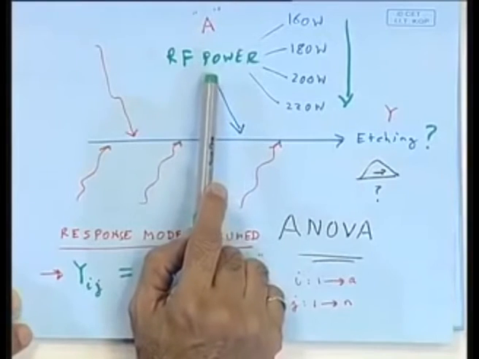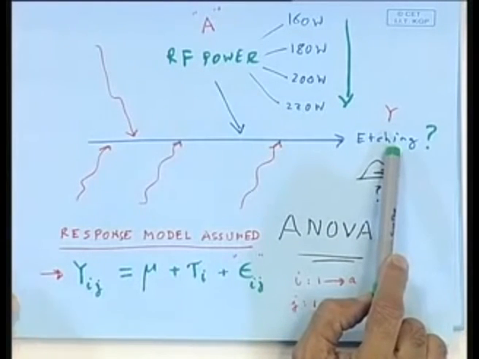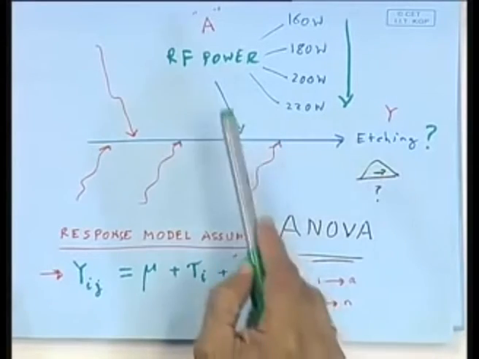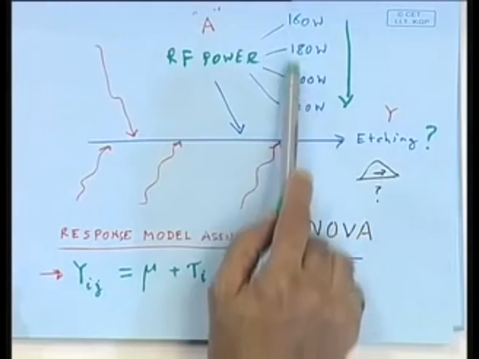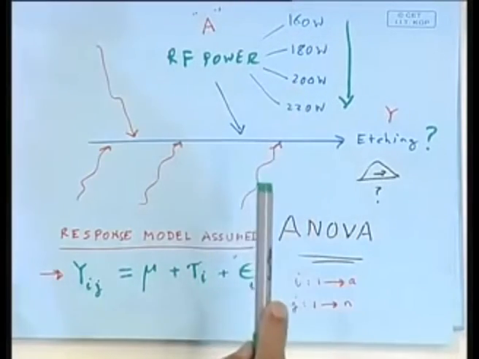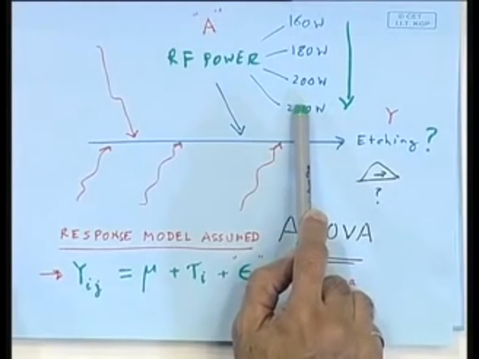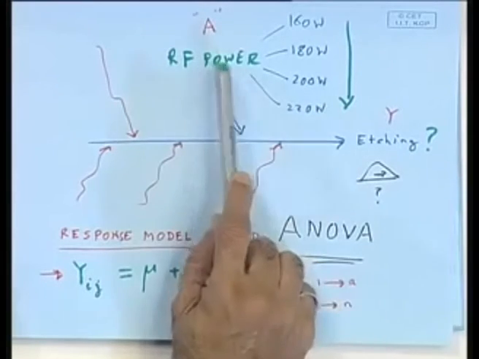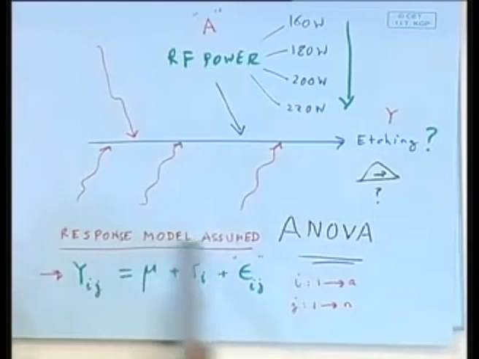So in fact, if RF power had no effect whatsoever on the response, we'd probably find the mean sum of squares due to treatments, which is like the mean deviation that I produce, the sum of all the deviations that I produce by varying the experimental factor over this full range of treatments, would be comparable to what we have here from the errors.